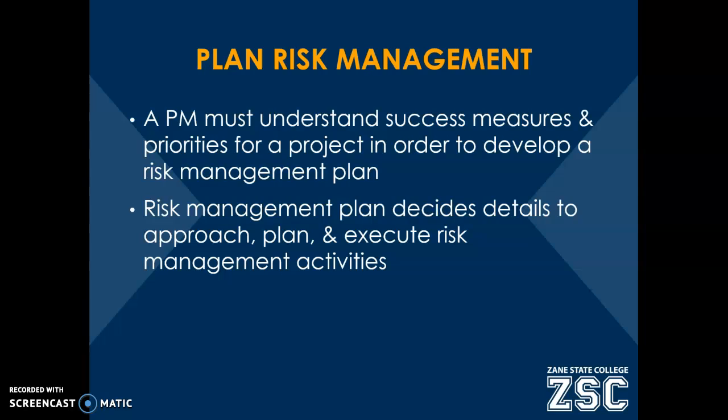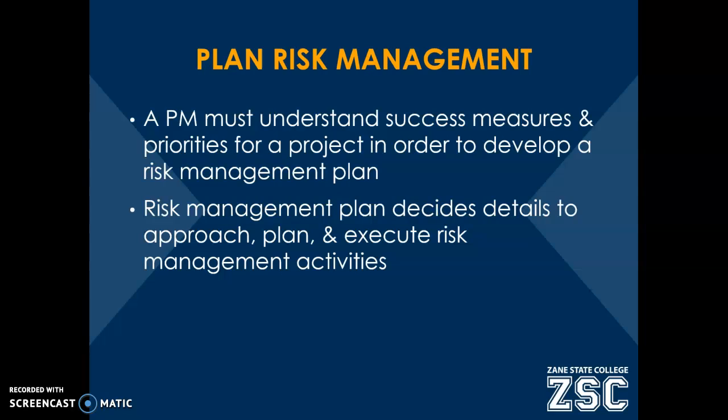Well, the first thing you need to do is identify potential risks and how they potentially threaten the success of the project. And so I suppose if we are to start at square one, we need to look at how do we define the success of a project? What does it mean for a particular project to be successful? And then once we understand our success criteria, we can then think of things that could potentially threaten that success.